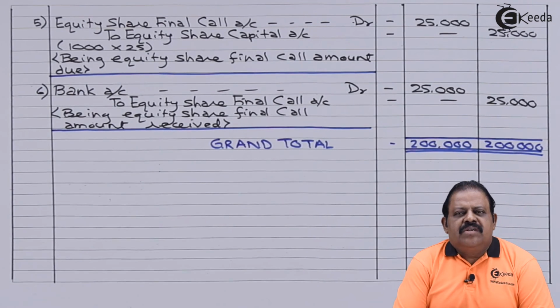Thus in this question we have understood basic journal entries of issue of shares when there is no oversubscription, no undersubscription, and shares are issued at par.